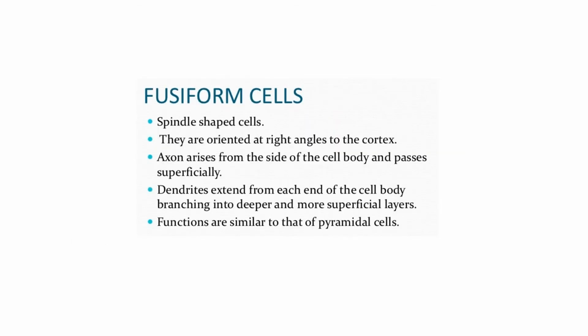Fusiform cells are spindle shaped, and their function is similar to the pyramidal cells. Their dendrites extend deeper and also go into the superficial layers.